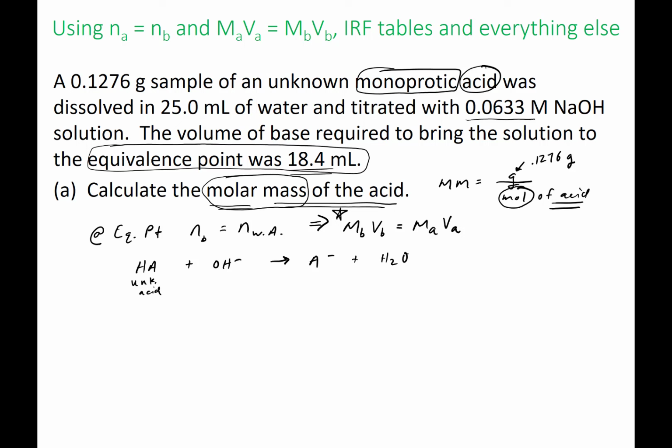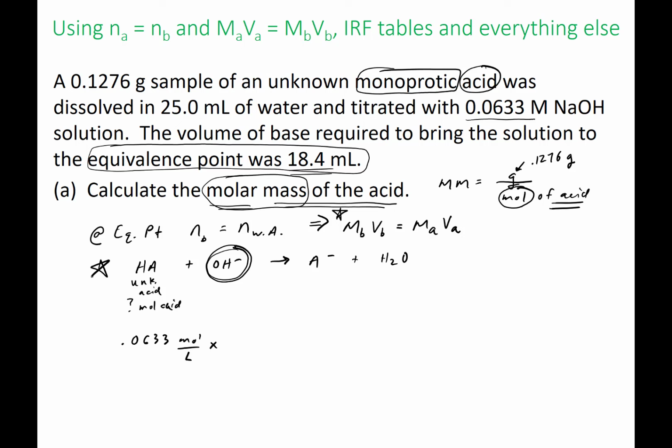And we're trying to figure out, using this, how many moles of acid there are. So my molarity of base is 0.0633 moles per liter times, and this is also useful in case it's a diprotic or triprotic acid.